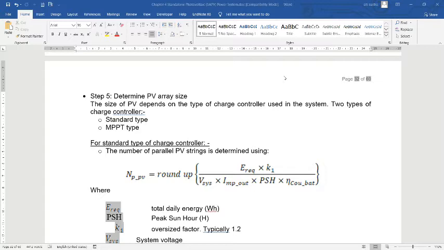This standard type or PWM controller is not very efficient and lacks the ability to optimize an entire array based on the differences between panels, for example.